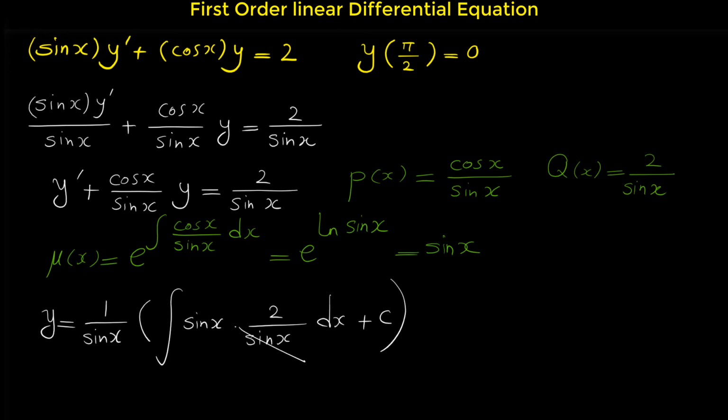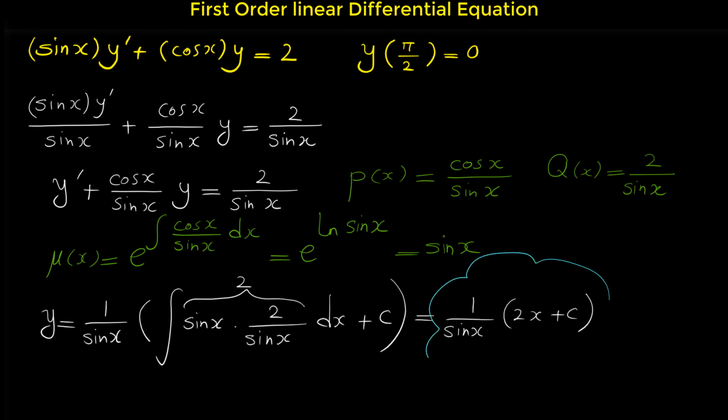Note that sine of x from the top and the bottom cancel each other, and so we have only 2 here. And integral of 2 dx is 2x, so this equals 1 over sine of x times 2x plus c.